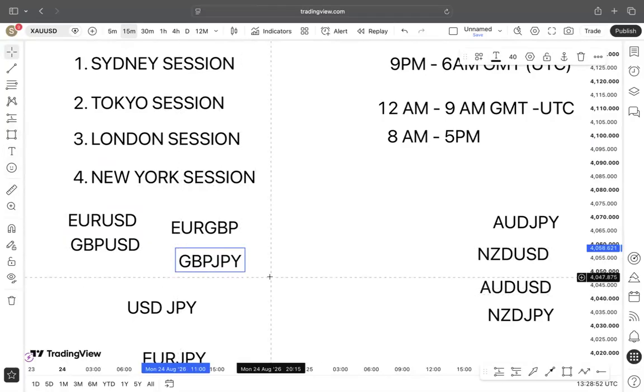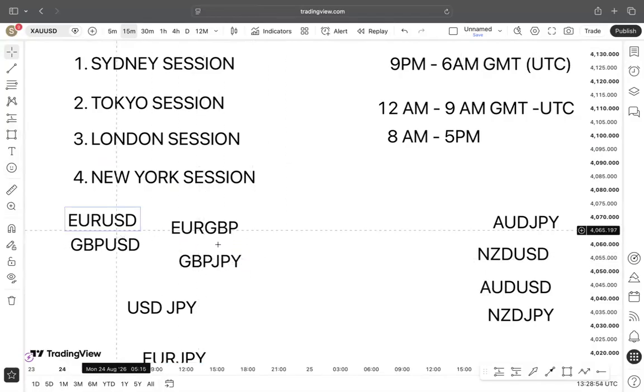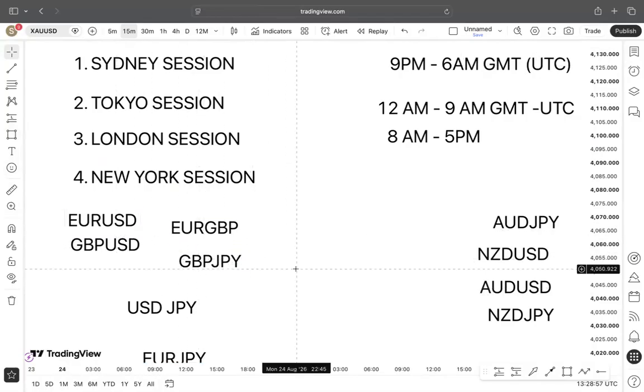So most of the GBP pairs and the Euro pairs are usually active during this session, and it is one of the most active forex trading sessions.